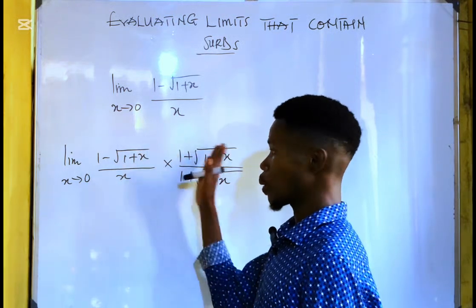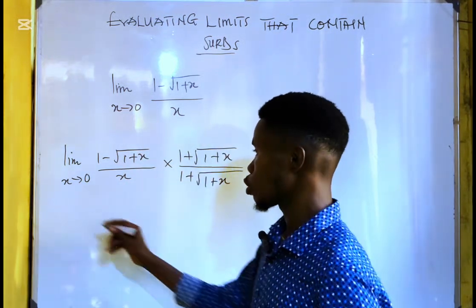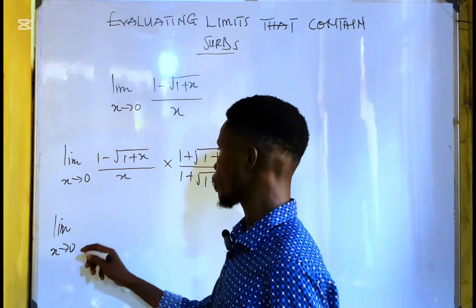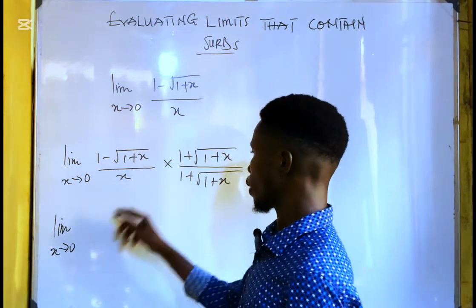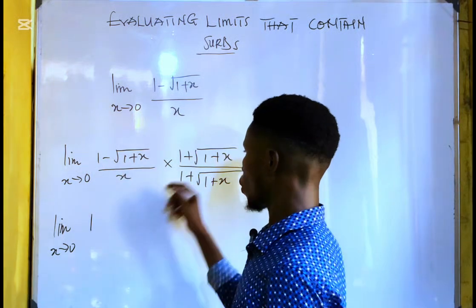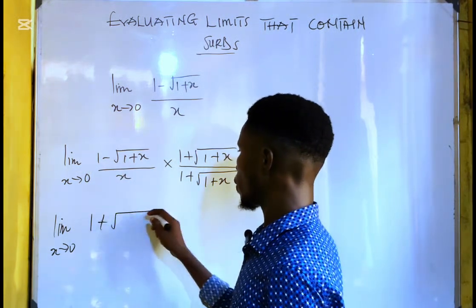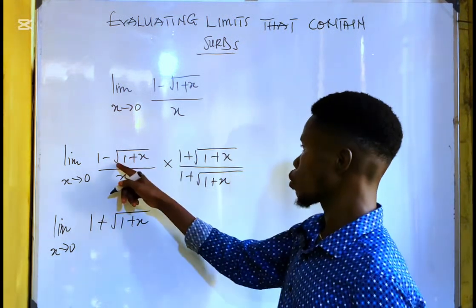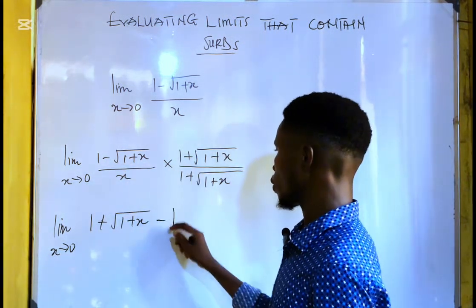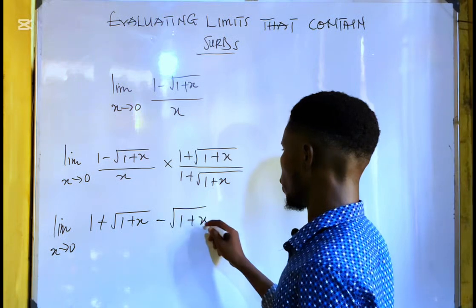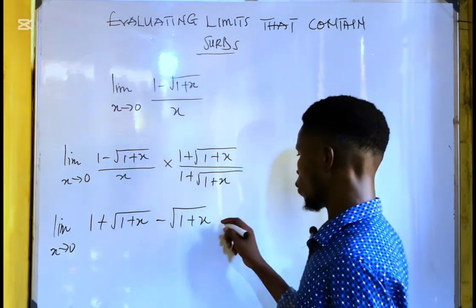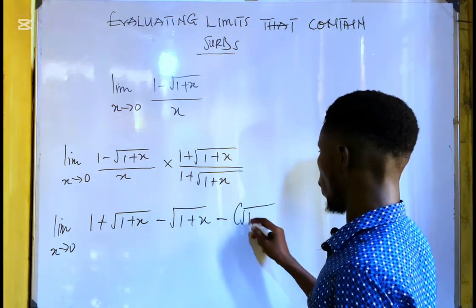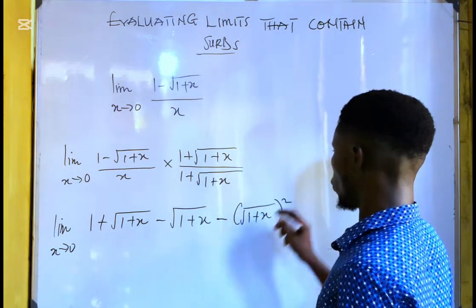Therefore, you will expand that and maintain the denominator. So you have the limit as x approaches 0. 1 times 1 is 1. 1 times square root of 1 plus x will give you the same thing. Negative square root of 1 plus x times 1 will give you negative square root of 1 plus x. Negative times positive will be negative here. This time that will be square root of 1 plus x squared.